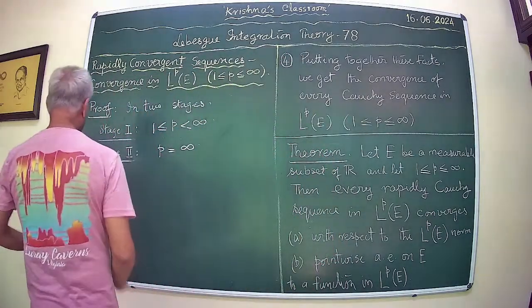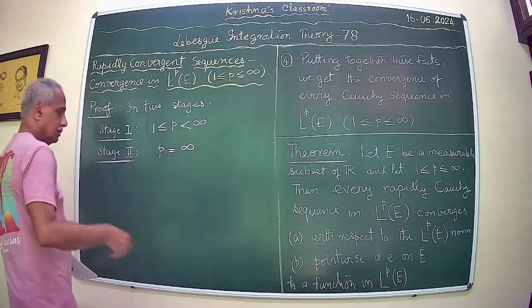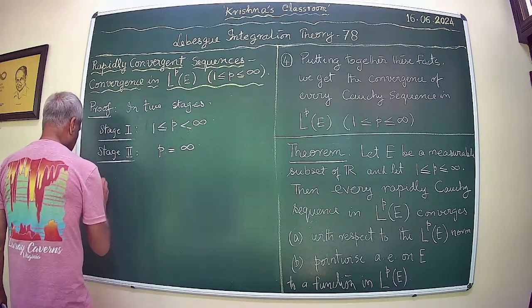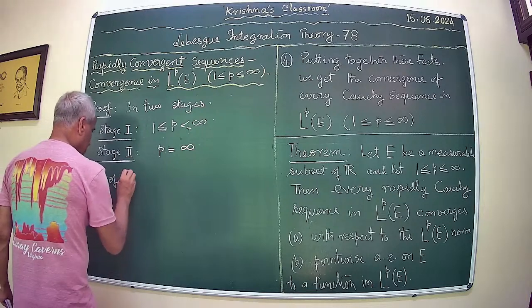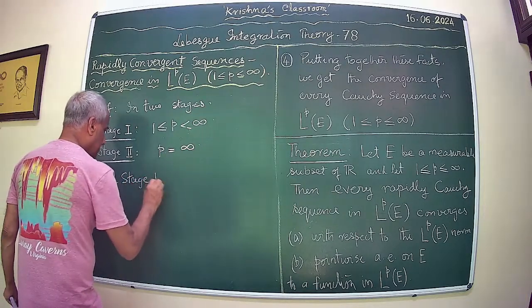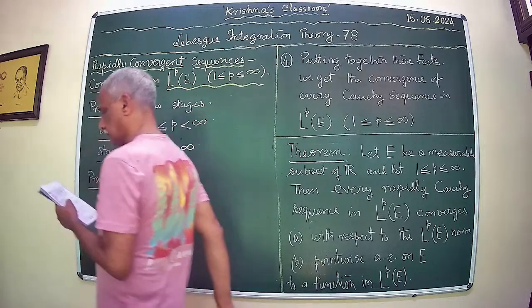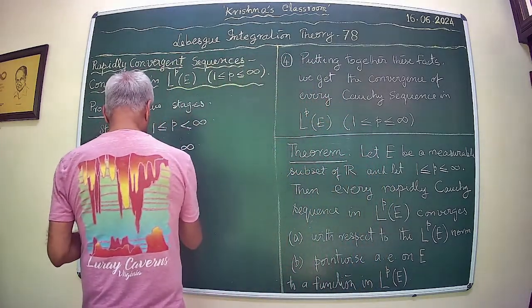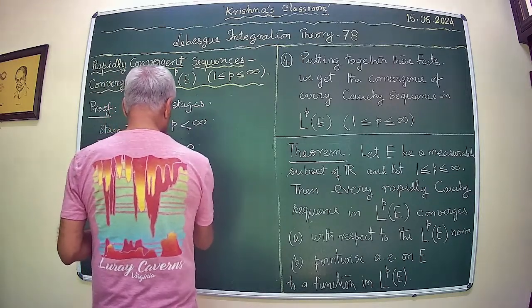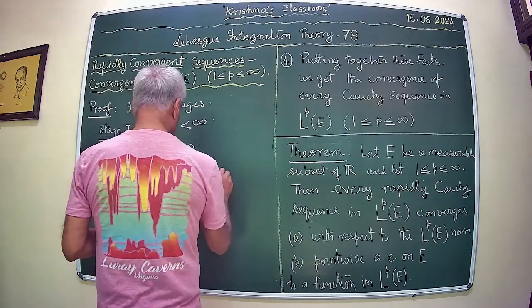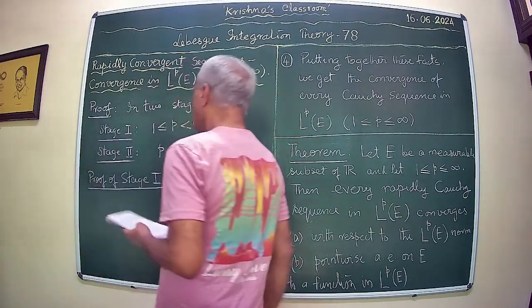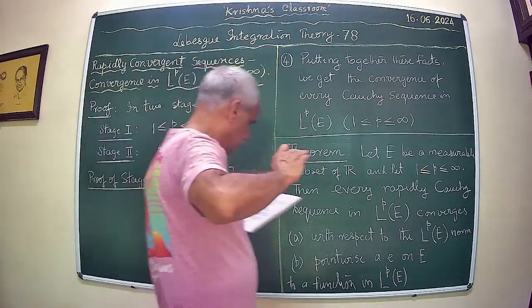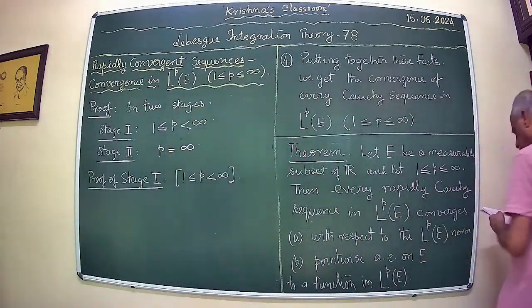Now let us prove this in stages. So stage 1: we start with a rapidly Cauchy sequence in LP(E).